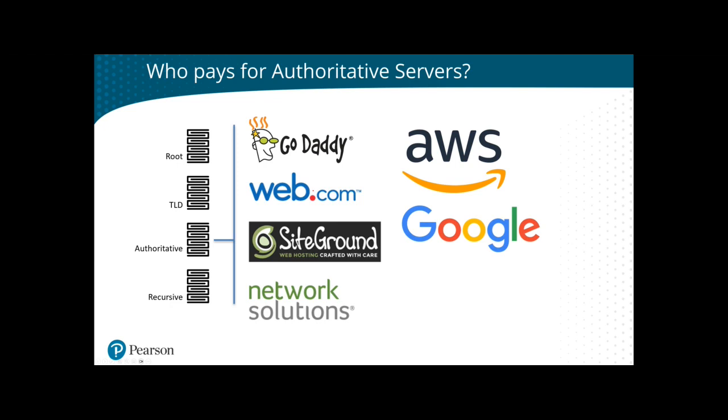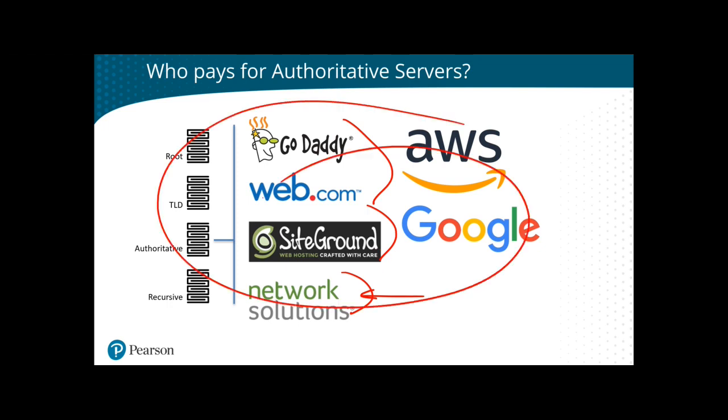Part of the service I get when I pay for my Namecheap subscription is they manage those authoritative servers. If you go to web.com, SiteGround, GoDaddy, Network Solutions, and now Network Solutions used to only sell domain names, but now they do sell web hosting. So if you do web hosting through any of these people, they will often have their own authoritative servers that need to be programmed to make DNS work.